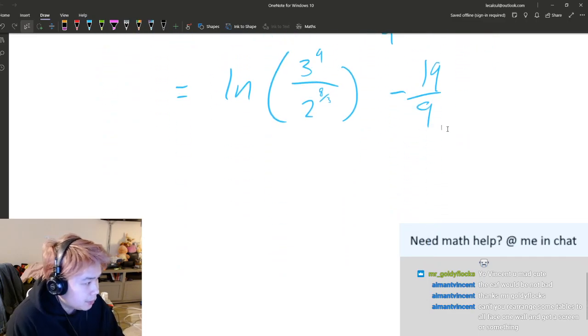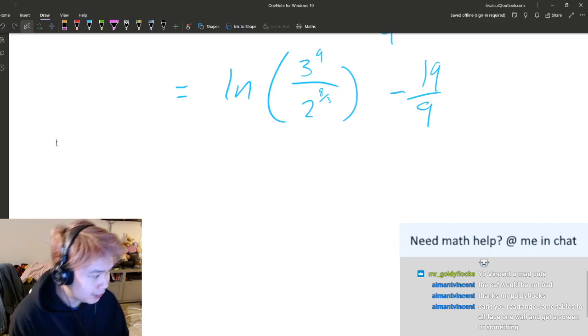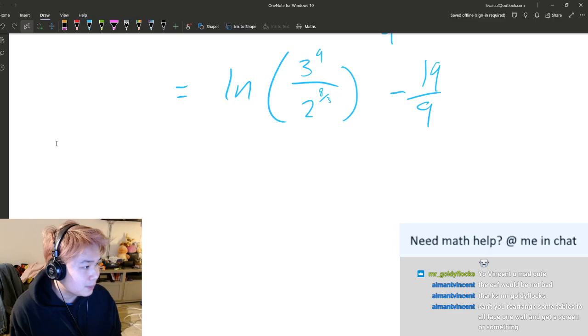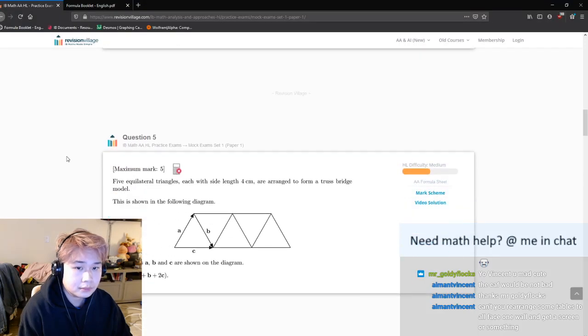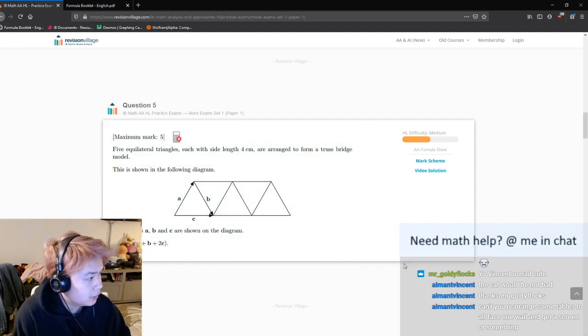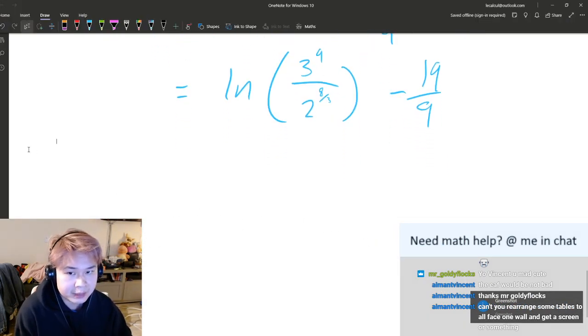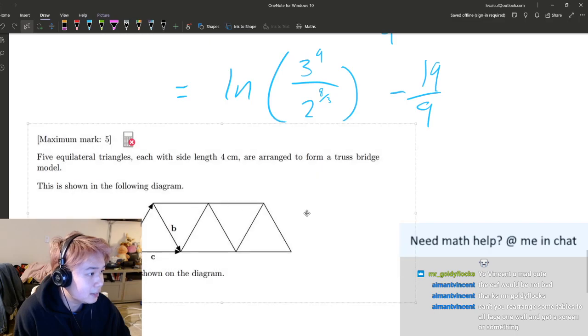Can't I rearrange some tables? Yeah, the tables all have wheels on them, so those can always move around. And then we have a screen that we use every once in a while for awards down in the cafeteria, but it's tiny, super tiny. There's a wall that might be a possibility to project onto, but again, I need to do some more research into that. Yeah, so for those that don't know, because of COVID, my particular school is limiting the amount of students that can be together to 15.